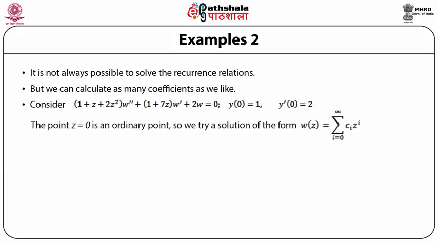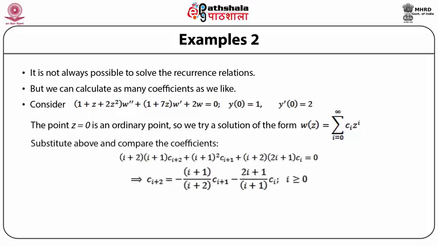The point z is equal to 0 is an ordinary point, so we try a solution of the form w(z) is equal to summation i going from 0 to infinity c_i z^i. Substituting in the equation above and comparing the coefficients of various powers of z, we obtain (i plus 2) into (i plus 1) into c_(i+2) plus (i plus 1) squared into c_(i+1) plus (i plus 2) into (2i plus 1) multiplied by c_i is equal to 0.